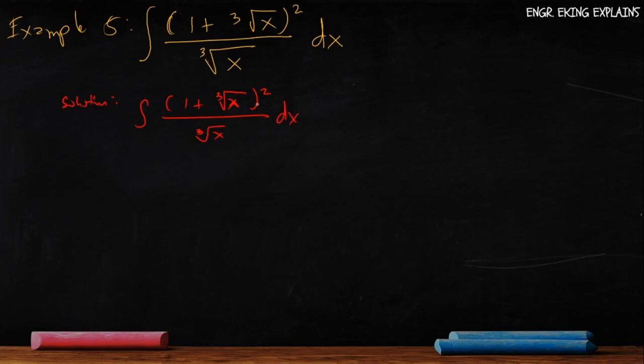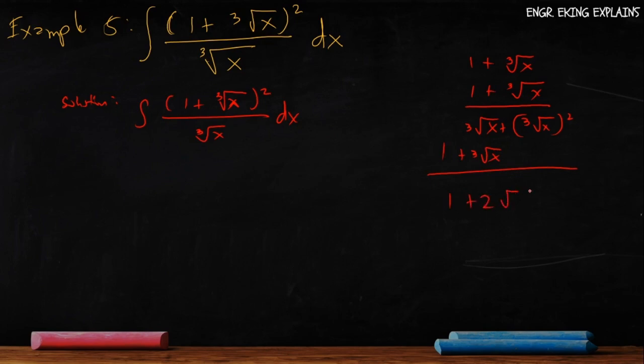So the very first thing to do is to expand the given expression. So 1 plus cube root of x multiplied by 1 plus cube root of x. So we have 1 plus 2 cube root of x plus cube root of x squared.